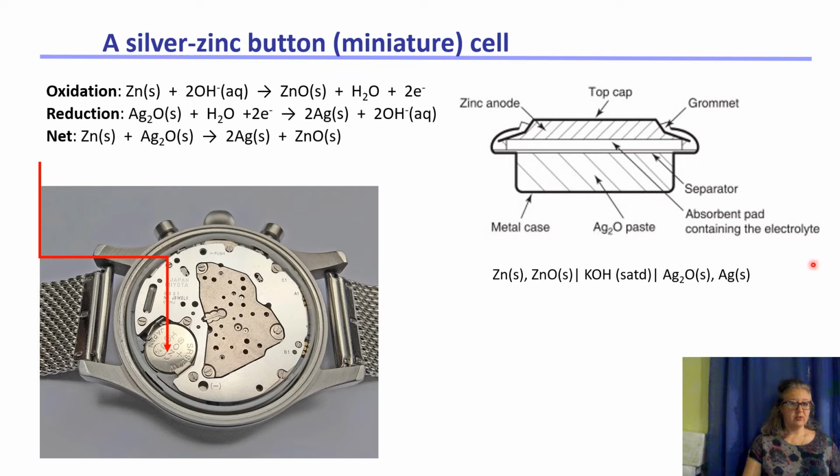Another example, silver oxide battery. It's a good example of a primary cell. It uses silver oxide as the cathode material and zinc for the anode.